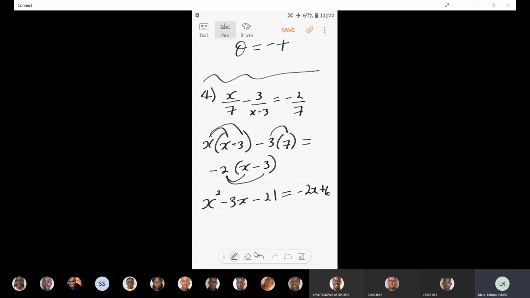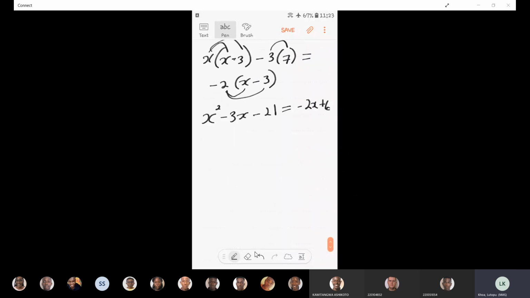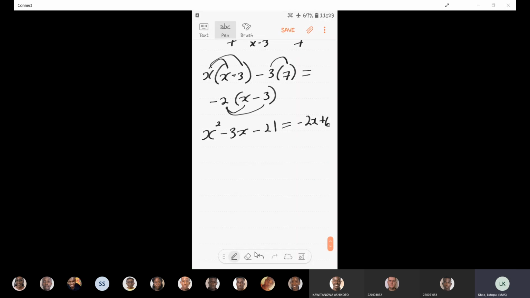So what you do is you bring everything to one side and then leave 0 on the other side. So I will have x squared, and then I will have minus x minus 27, and this is equal to 0.